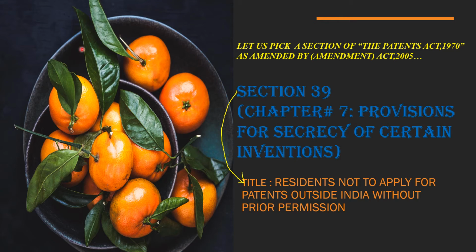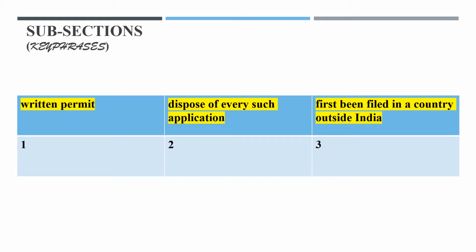Fine, so let us proceed for the further details. Section 39 has three subsections. I have picked up some of the key phrases. Just take a look here, friends. Key phrase from subsection 1 is written permit. Key phrase from subsection 2 is dispose of every such application.